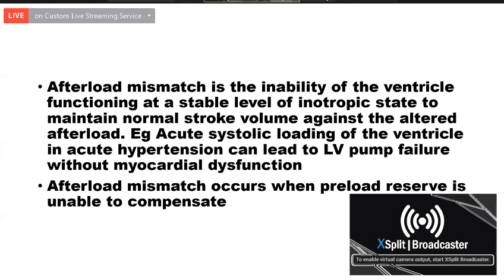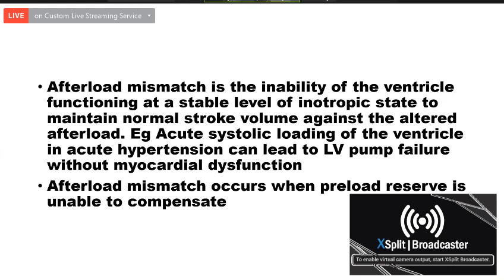A sudden change in the afterload results in a mismatch and pump failure. Example: acute systolic loading of the ventricle in acute hypertension can lead to LV pump failure without myocardial dysfunction.